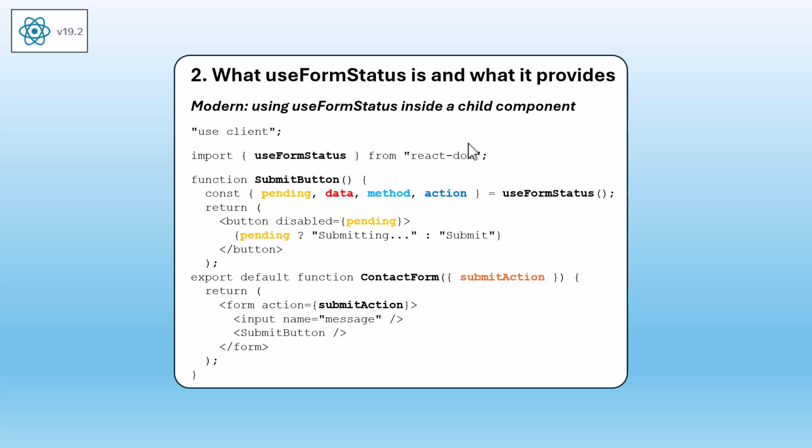With this, interface components can dynamically adapt based on that status, disabling buttons while the submission is being processed, showing loading indicators, or even showing provisional data until the operation finishes.